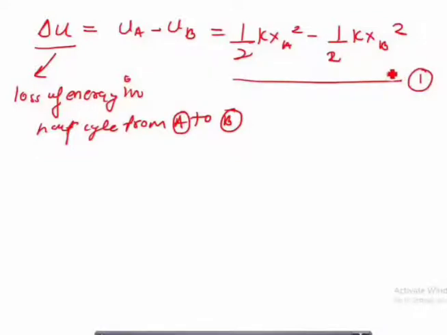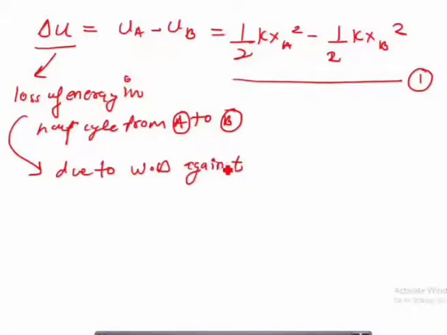Now first of all, guys, try to understand why there is a loss of energy in the half cycle. This loss of energy in a half cycle is because of work done against a frictional force.